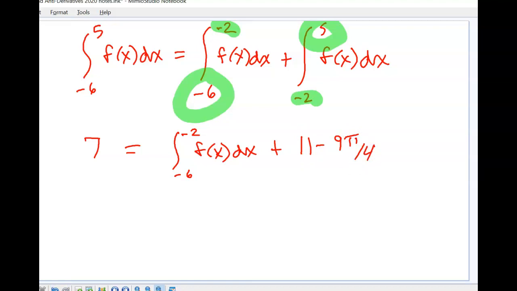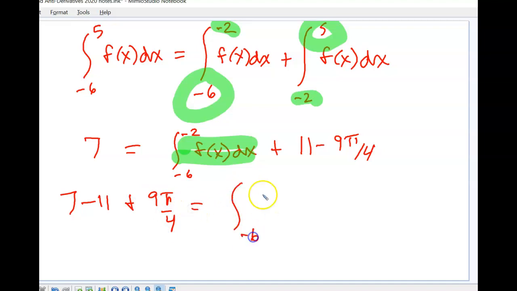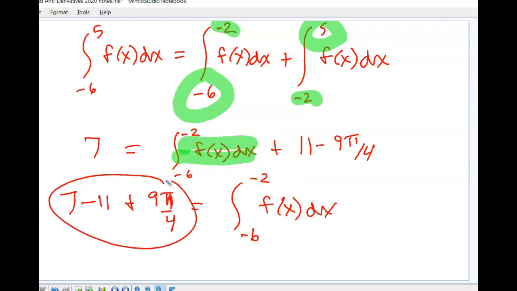Okay, so now to get this by itself, I'm just going to move those terms to the other side. So this is going to be 7 minus 11 plus 9 pi over 4 equals the integral from -6 to -2 of f of x dx. And again, on the AP exam, you don't have to simplify. You could leave your final answer like that.